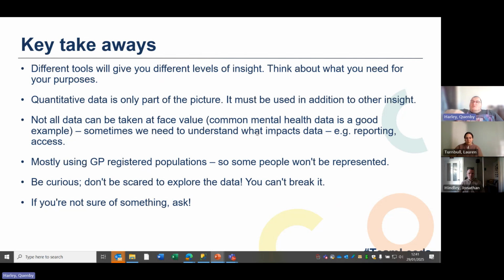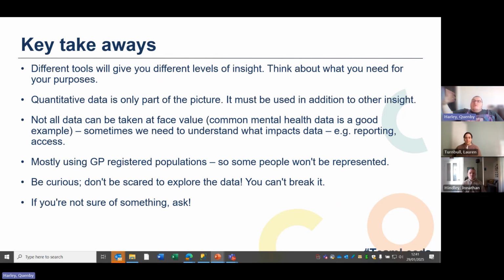We mostly use GP registered populations, which is a pretty robust set of data, but it's not perfect. So there are some people who are less likely to be recorded. Gypsy Roma traveller people, for example, are less likely to be registered with a GP. So that ends up being a little bit of a blind spot for our data.